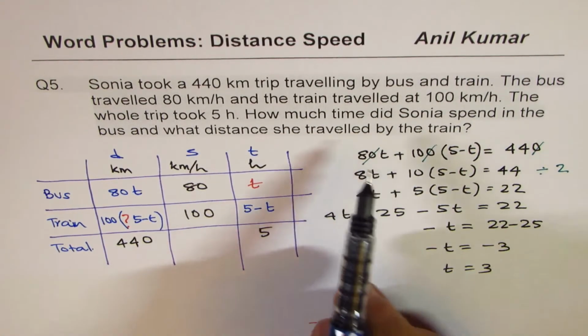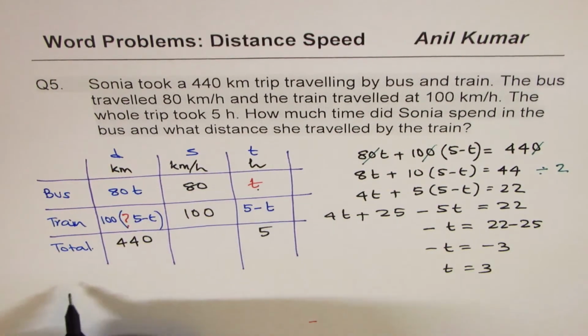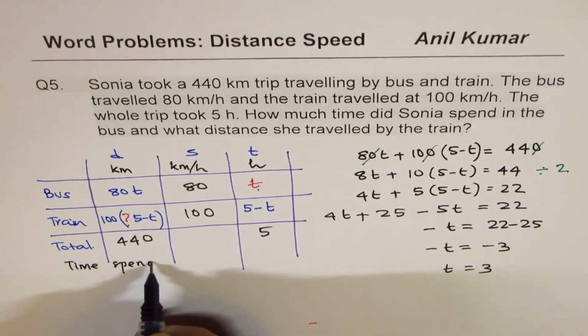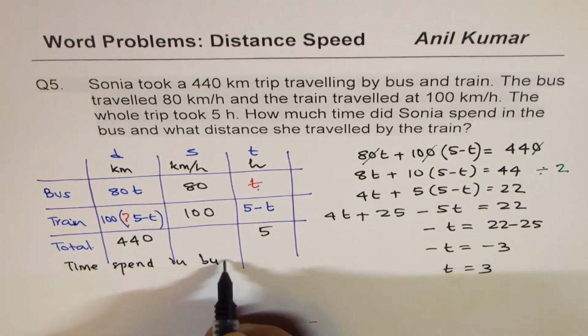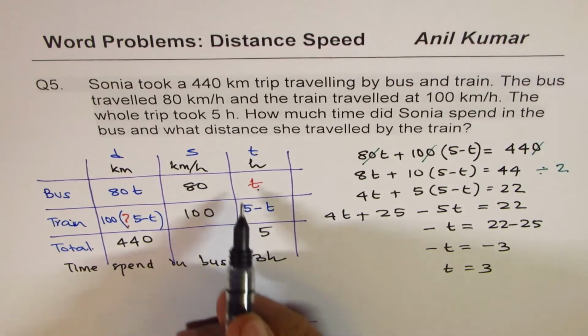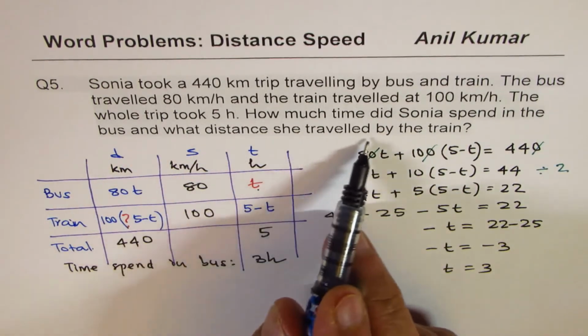That is, how much time did Sonia spend in bus? So time t, time spent in bus is 3 hours. Is it okay? So if this is 3 hours, how much is this? Then what distance did she travel by train?